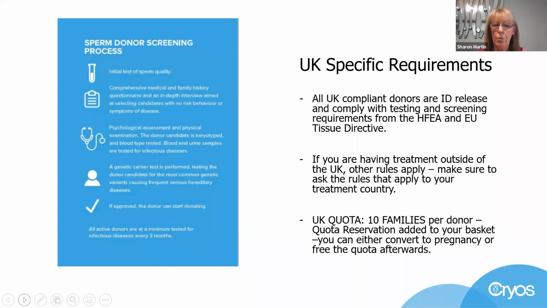You mentioned that the sperm is screened for diseases. Could you tell us what kind of diseases you're screening for? Yes. We do the regular infectious disease panel. When you go on the website, you can see everything that a donor is tested for.